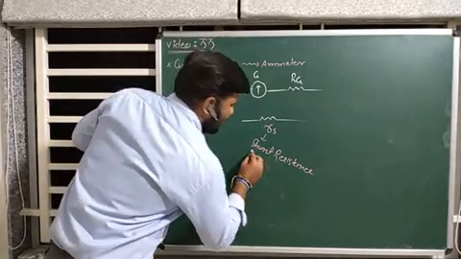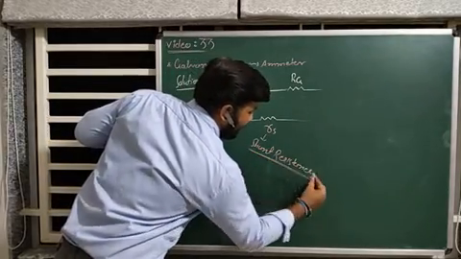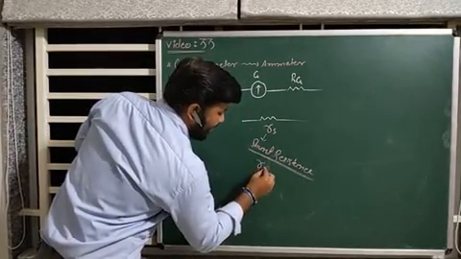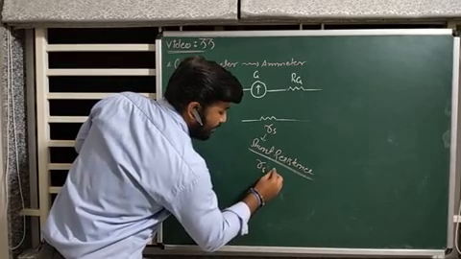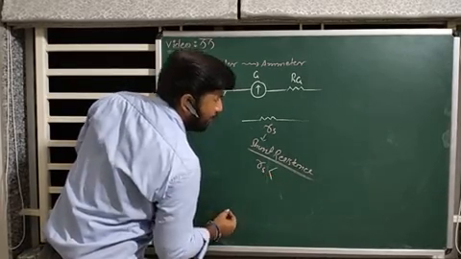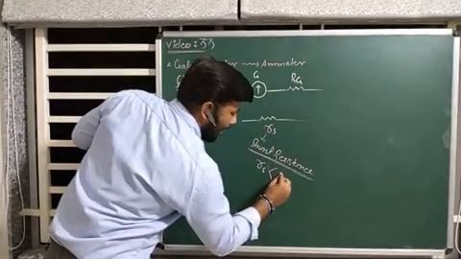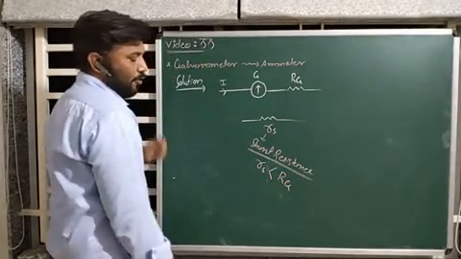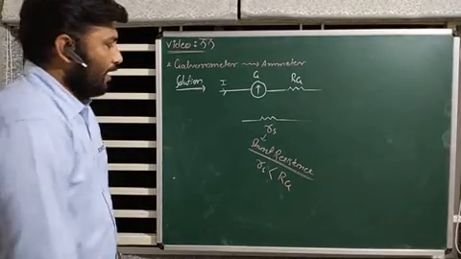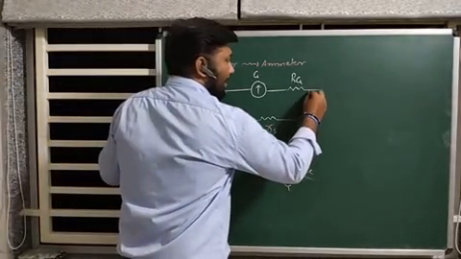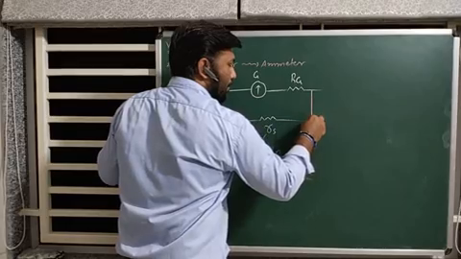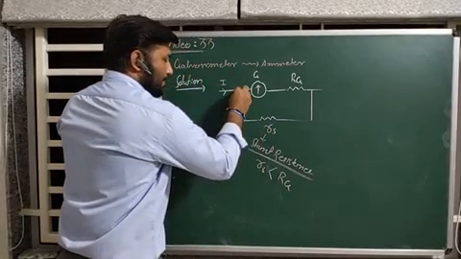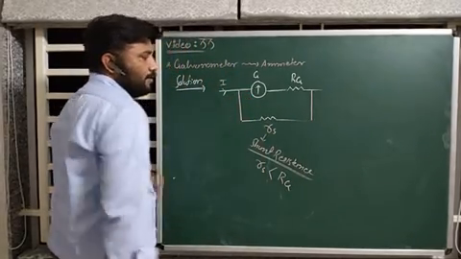Got it? There is one condition. This shunt resistance Rs must be less than Rg, that means the resistance of the galvanometer. And you have to connect it in parallel. So this is the parallel connection.